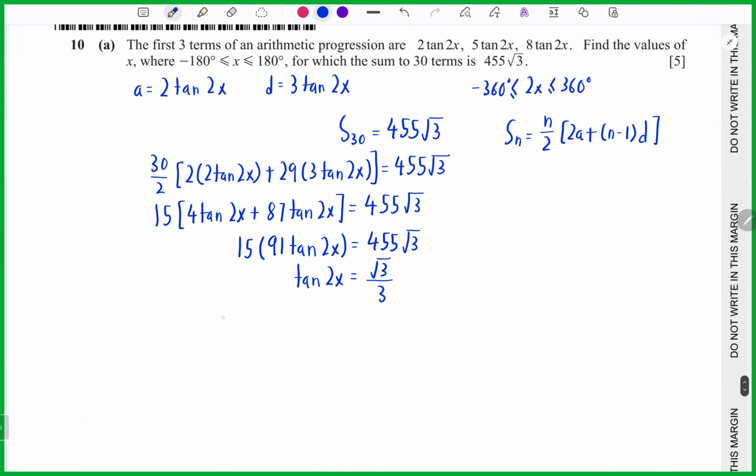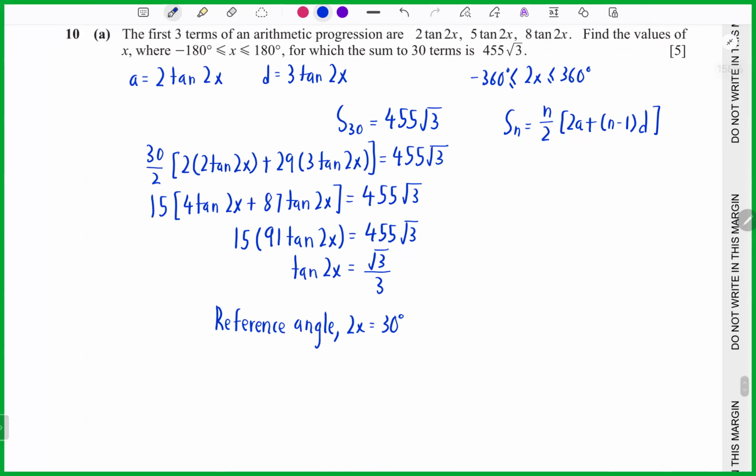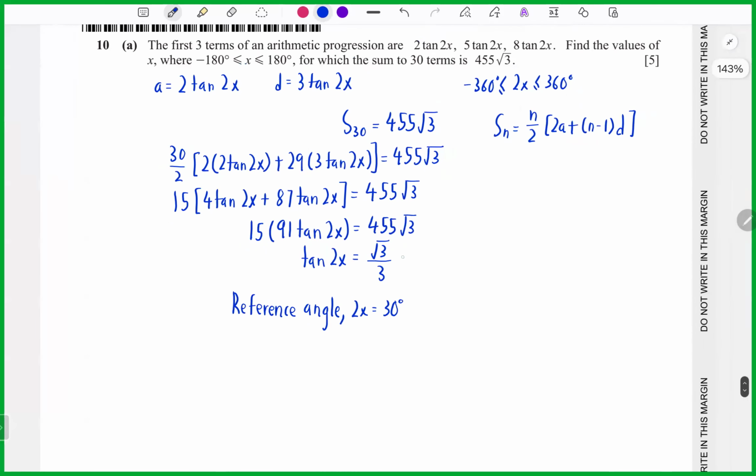So now we can try to find the reference angle. Reference angle 2x equals the inverse tangent of square root 3 over 3, equals, because we are in degrees, so I need to make sure, 30 degrees. Because you see here, tangent is positive, right?